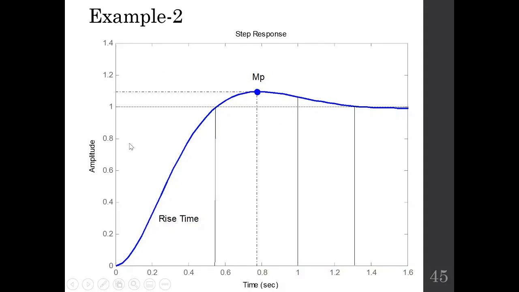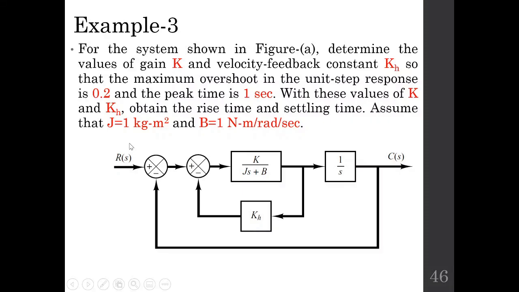Let us solve another example related to the time domain specifications of a second order system step response. For the system shown in figure A, which is this, determine the values of gain K and velocity feedback constant K h so that the maximum overshoot in the unit step response is 0.2 and the peak time is 1 second.